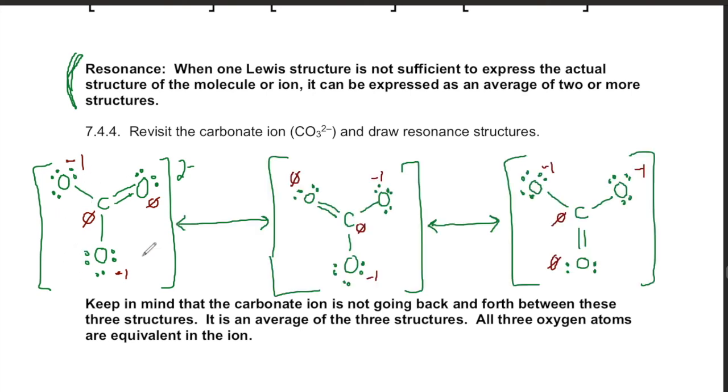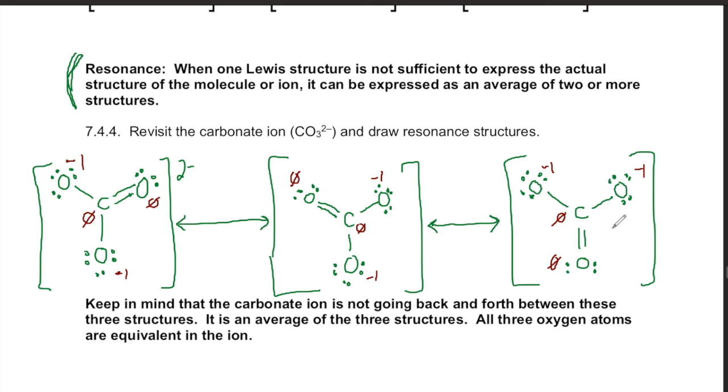If we average this first Lewis structure with this second one that has the double bond to this second oxygen and this third one that has the double bond to this third oxygen, the average of these structures has all of the oxygens evenly distant from the carbon, and that distance is somewhere in between the distance that you would expect for a double bond and the longer distance of a single bond.